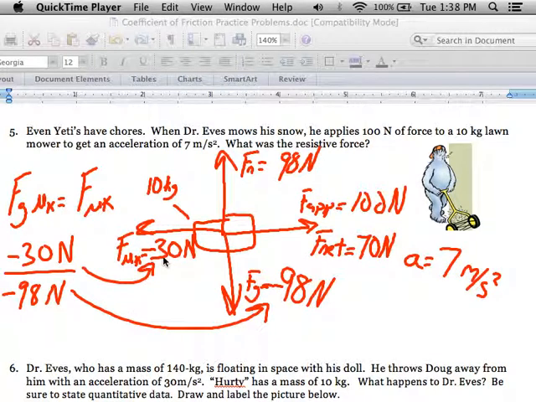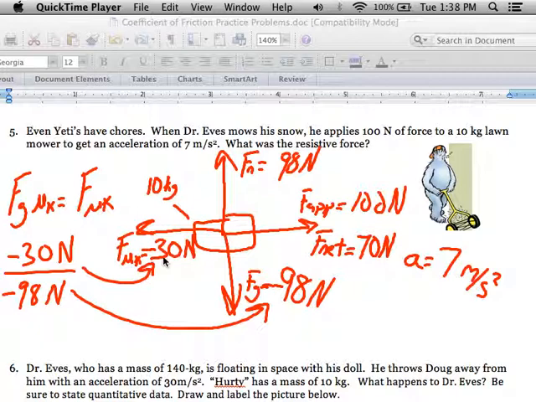And to know I'm correct, I have to think about the coefficient of friction. The coefficient of friction that I always see is going to be a decimal, because it winds up being a percentage. Okay? So I know I'm right if my answer comes out to be a point something.